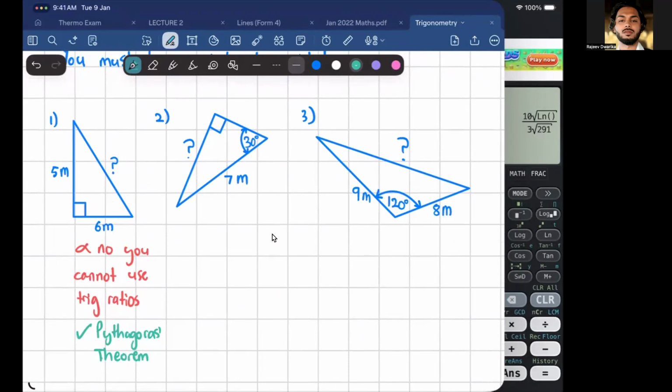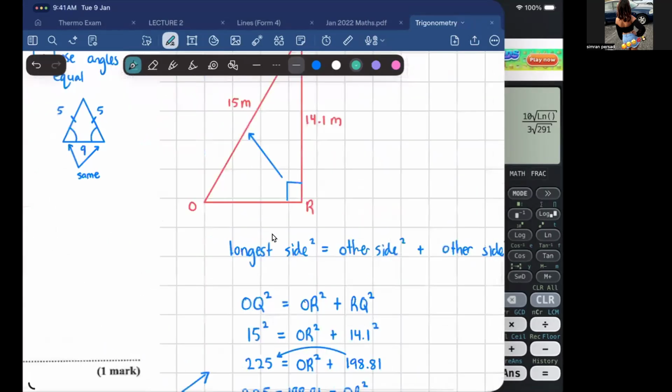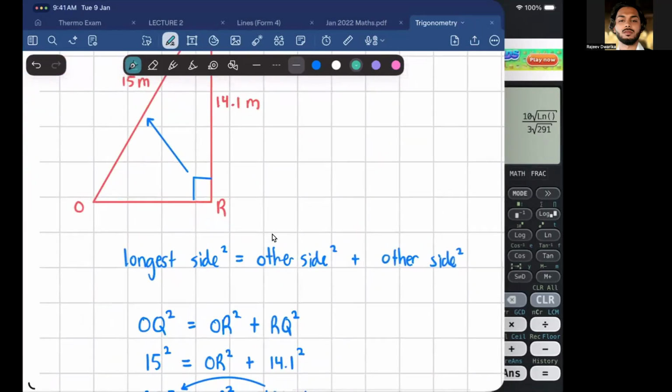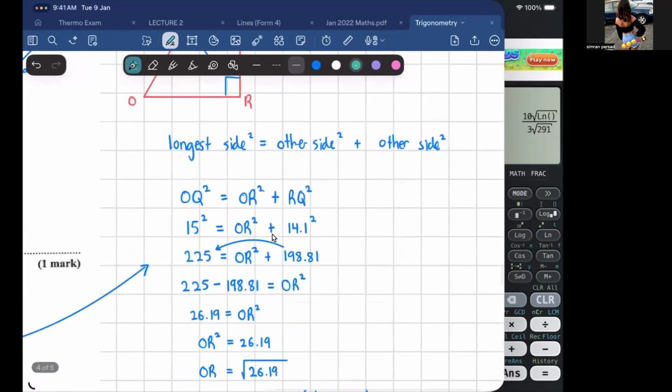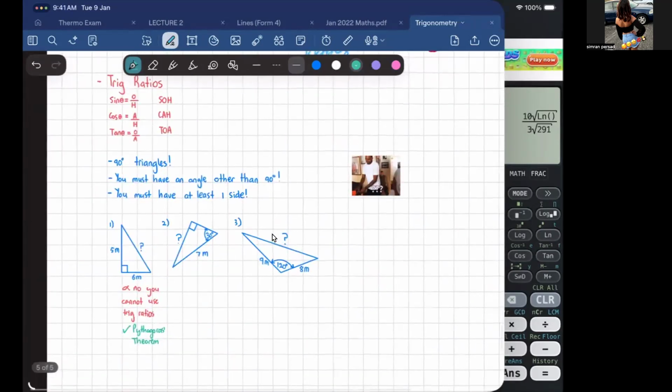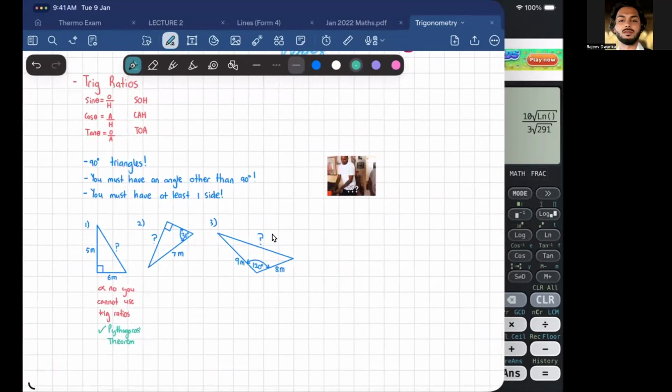For Pythagoras theorem, do we need any angles? Tell me, Simran, in this formula, do you see any angles? No. To use Pythagoras theorem, you don't need any angles.